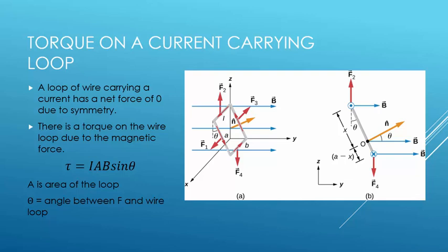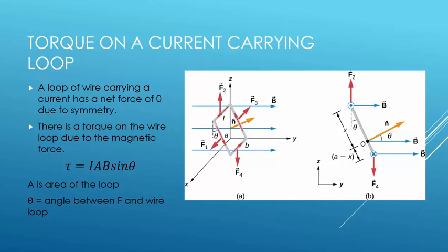And what's interesting about this situation is when you have a loop of wire that's carrying a current, the net force on the wire is 0 due to the symmetry, because you've got each one of the forces from the field pointing in opposite directions, plus X minus X, plus Z minus Z, according to the drawing that we have there.